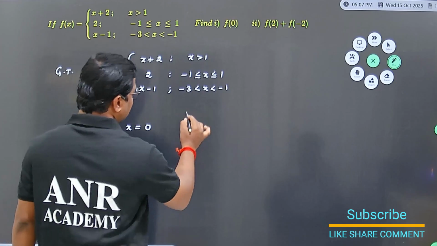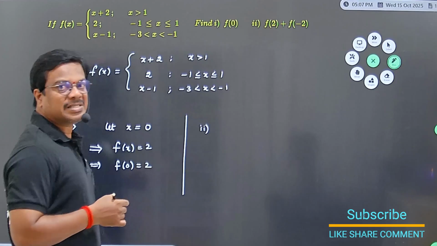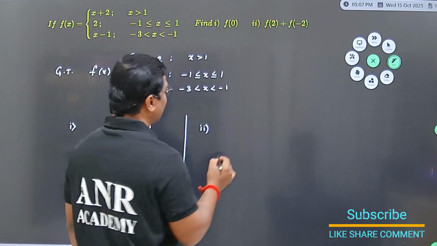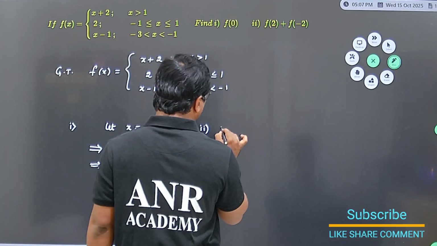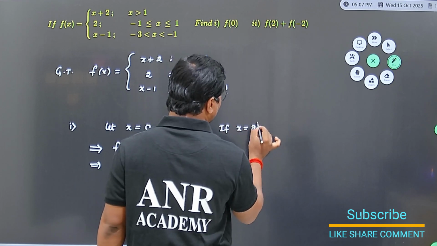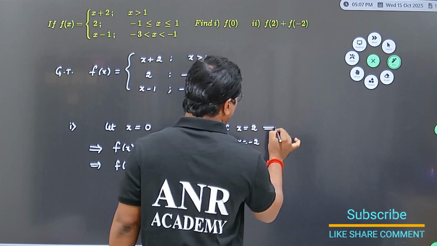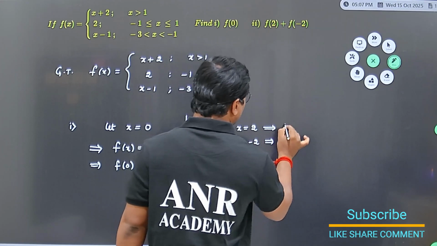Next, second one, f of 2 plus f of minus 2 we have. Suppose the input is 2 and the input is -2, then what is the function of x? Observe.